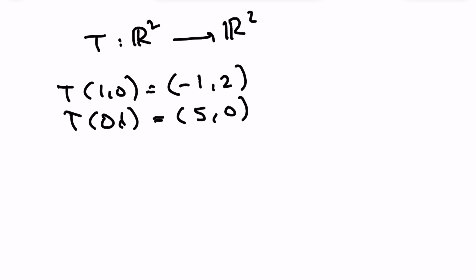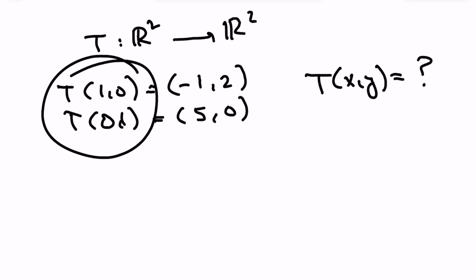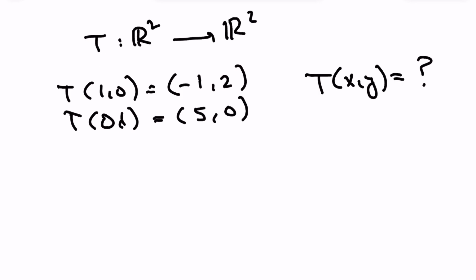If we know that about this transformation, the question is, can we calculate how much is the transformation for any x, y? Well, the idea is that having the value of the transformation on the standard unit vectors, we can calculate the matrix. And once we can calculate the matrix, then we have the whole transformation.